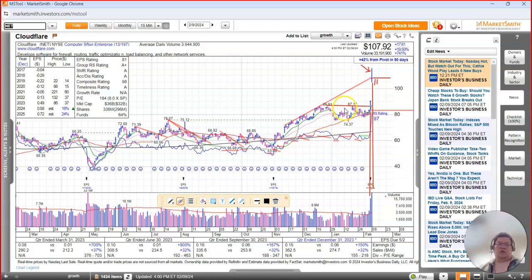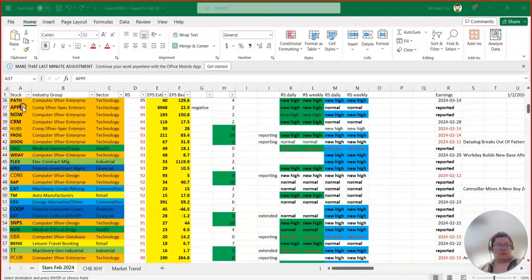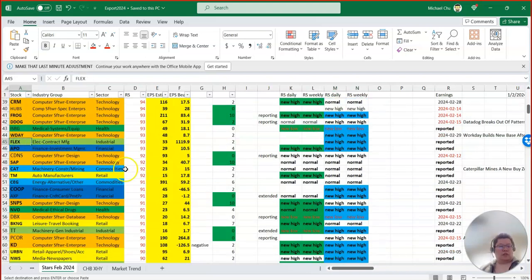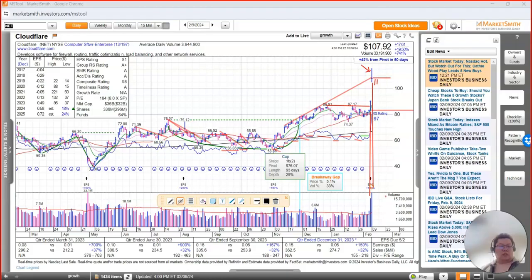I'm not sure. So some other stocks, portfolio is normal relative strength. Now it's starting to move again. CRM is normal relative strength. Hubs also starting to move. SRG is on new low relative strength. Workday is moving higher. Flex is also moving higher. Apollo, this is a strong stock. We talked about this before.